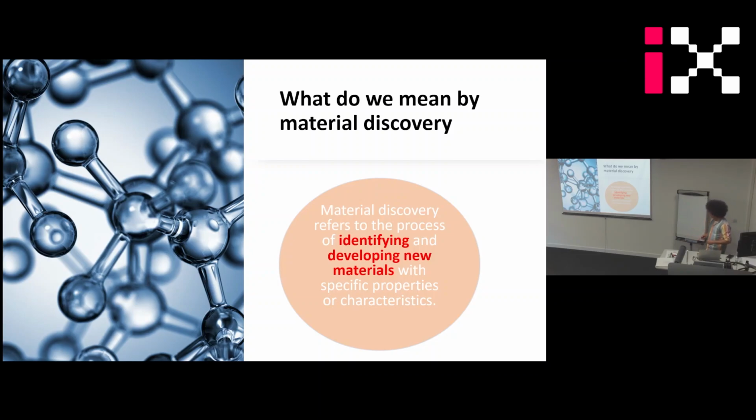You're looking for materials that have those kinds of properties or characteristics. Funny thing, I asked someone yesterday what they mean by material discovery, and the first answer they gave me was finding some materials in nature, so mining a new material.